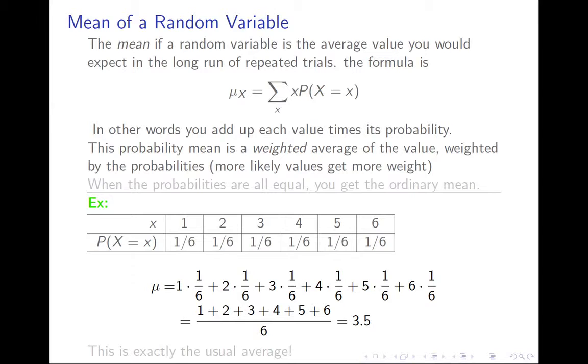Add up all the numbers, divide by how many there are. And what we see in general is when the probabilities are all equal, so in the symmetry principle situation, this funky probability mean becomes the ordinary average that you learned in grammar school.